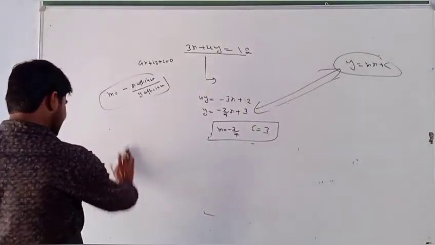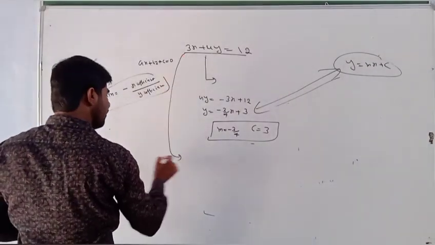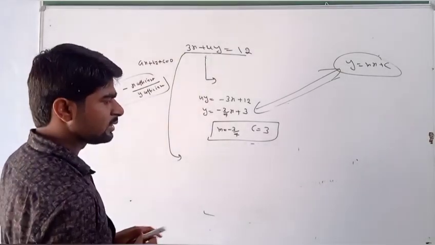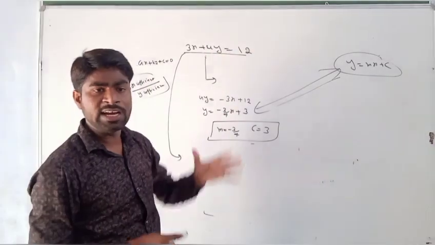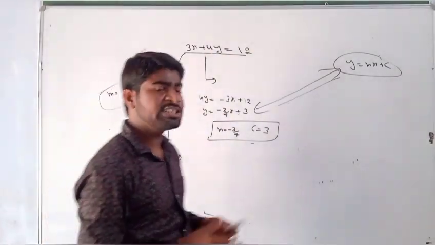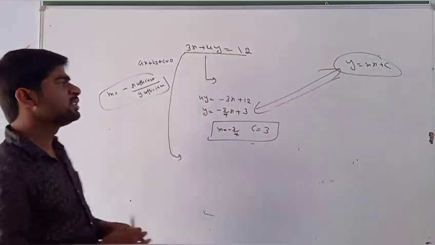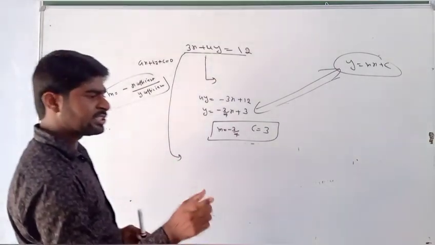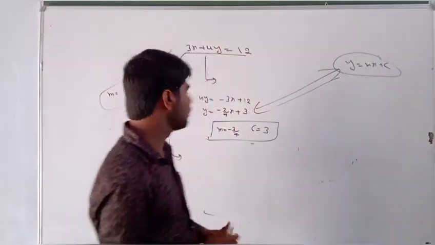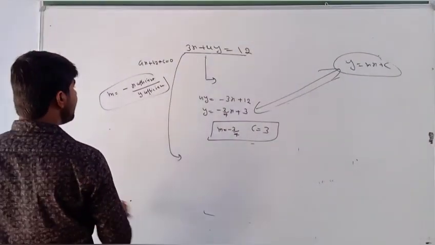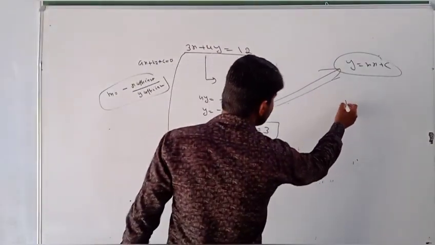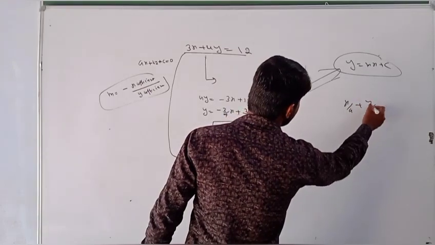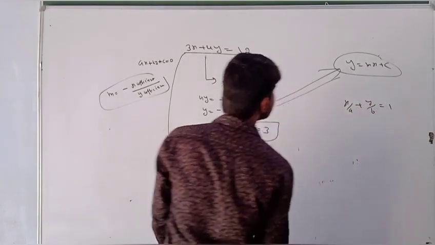So slope will be minus a upon b, minus 3 by 4. And after that, if we want to convert it into intercept form, the question will be like this: the line is given, find out the intercepts on both the axes. Means you want to find out the intercept on the x-axis and the intercept on the y-axis. So you need to convert it into intercept form. The intercept form looks like x upon a plus y upon b equals 1.